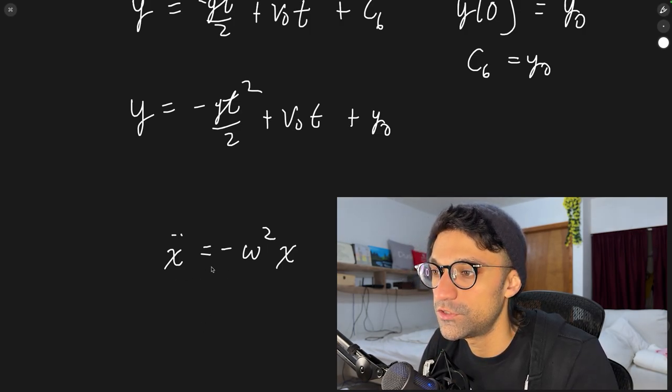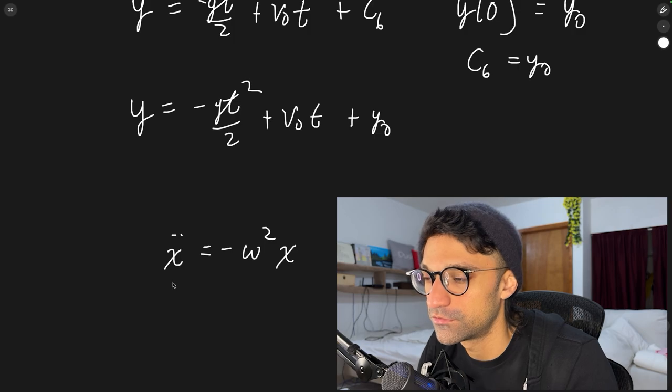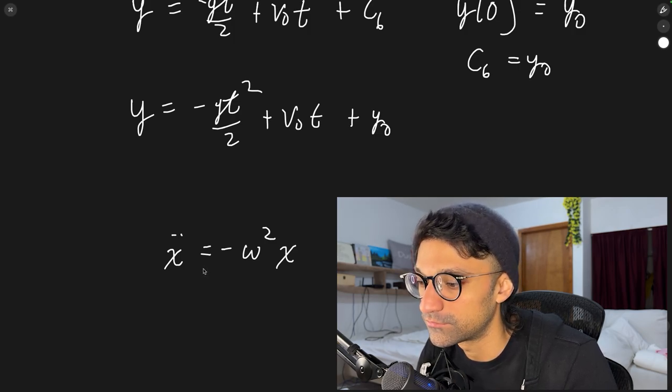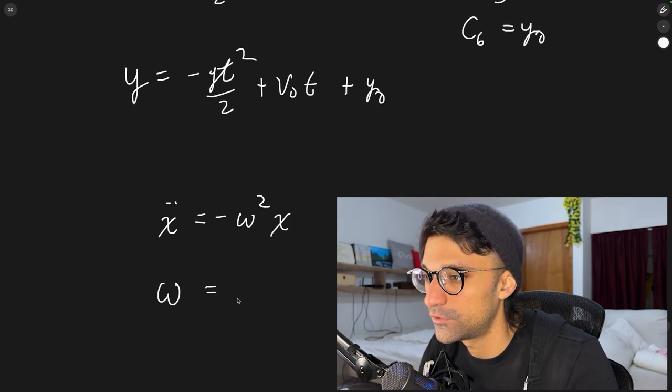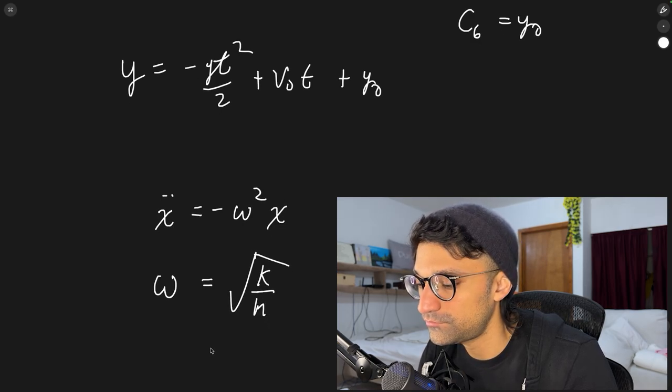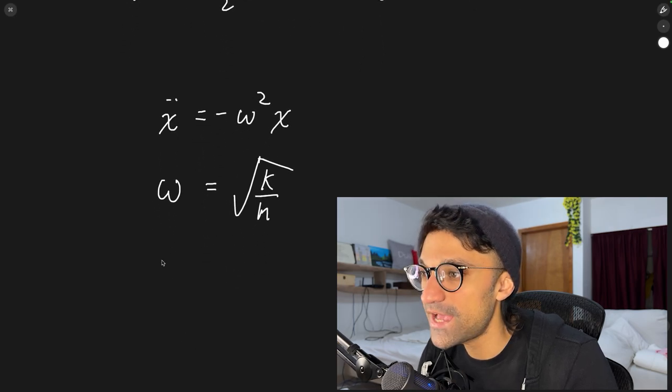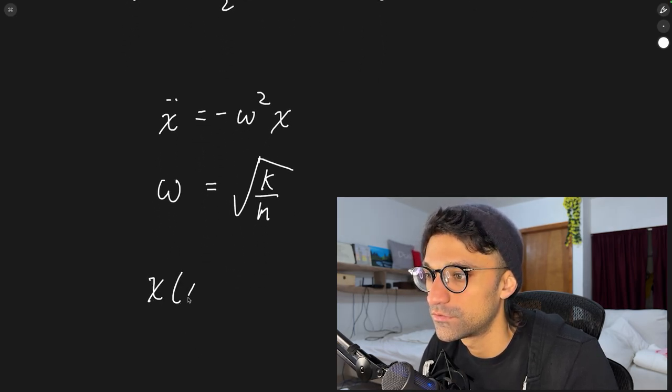So if you don't know, this is the equation of motion for a mass at the end of a spring with angular frequency equal to the square root of the spring constant over its mass. And its exact solution is this.